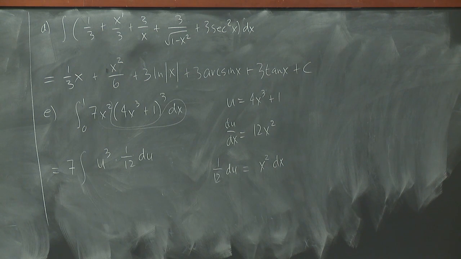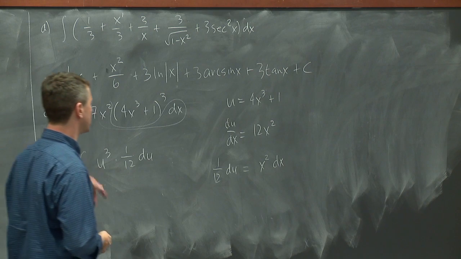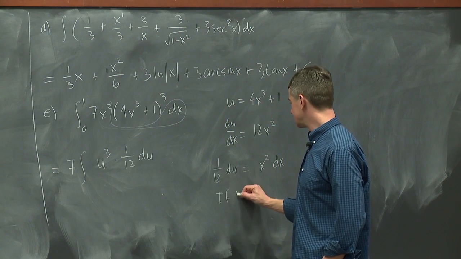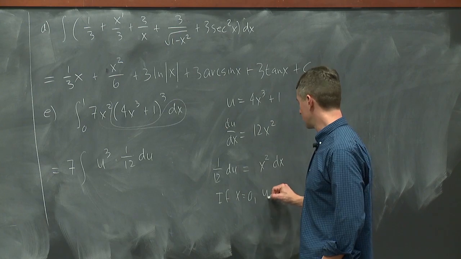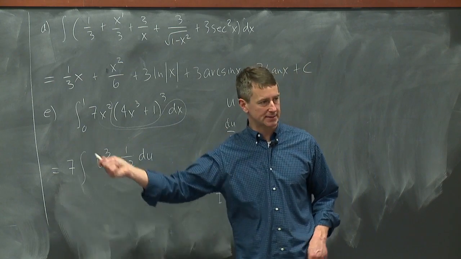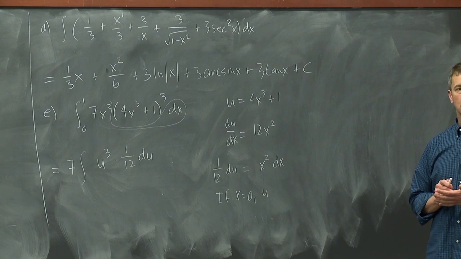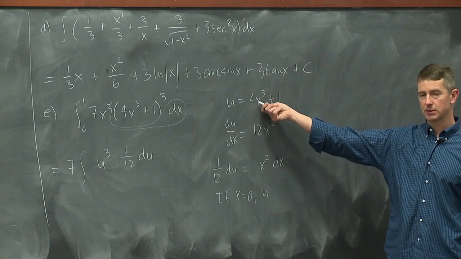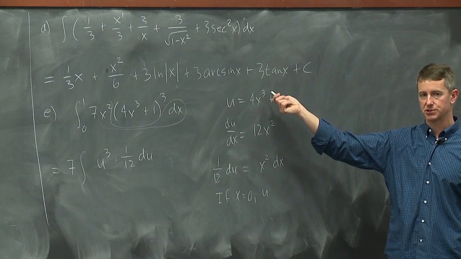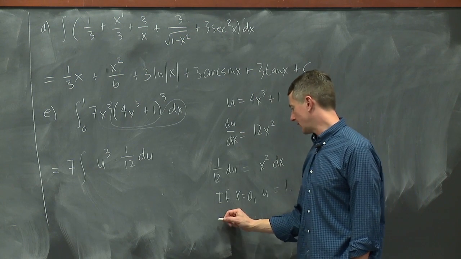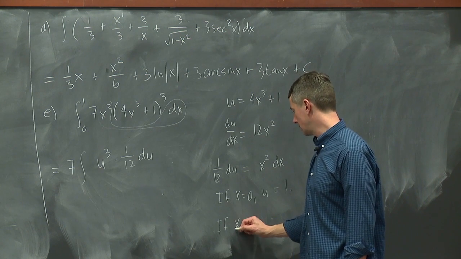You sure have, right? The only thing left is to change the limits. So if x is 0, one of our limits was x being 0. When x is 0, what does u equal? 1. Right, because if I plug 0 into this, I get 4 times 0 cubed, which is just 0, plus 1. So u is 1. And the other x value that we need to check was what?